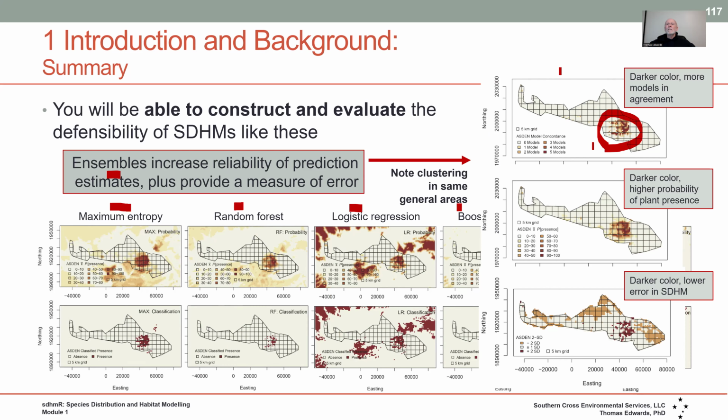Everybody's clustering here. Darker means 5 of 5 models are predicting in the same location. Here, darker colors mean higher likelihoods of plant presence. Here is darker colors has lower error.